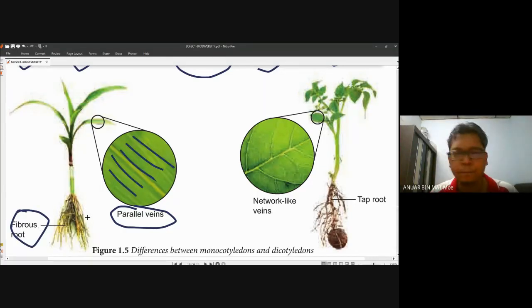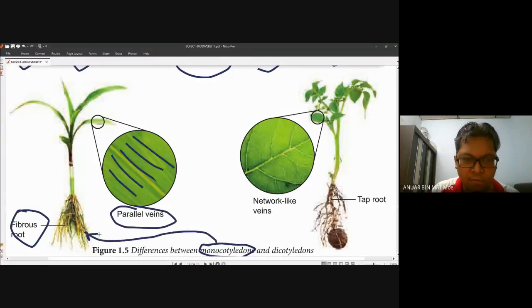You can classify it into mono or dicot. Sometimes we call it monocot and dicot. The plant on our left is the monocot or monocotyledon.